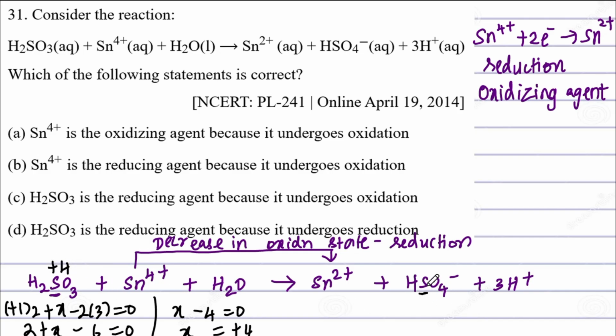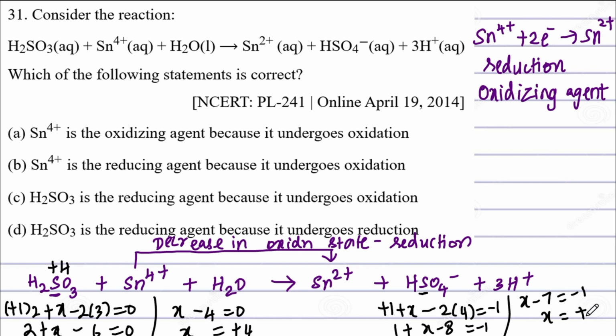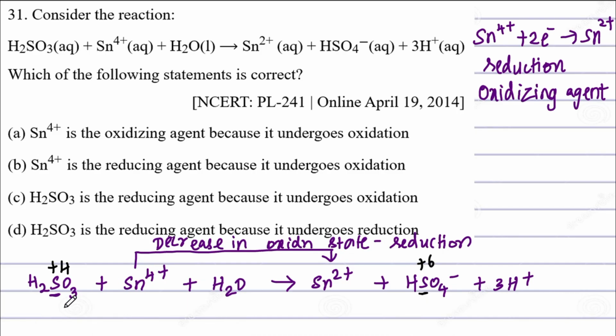Let us find it on the product side also. +1 plus X minus 2 into 4 equal to -1. So 1 plus X minus 8 equal to -1. So X minus 7 equal to -1, and the value of X is +6. So on the product side, it is +6. So the oxidation state of sulfur has increased from +4 to +6.